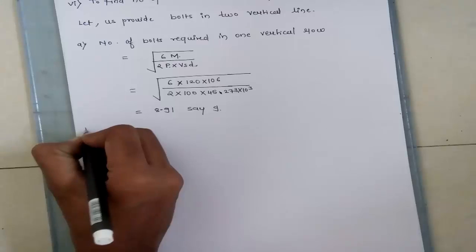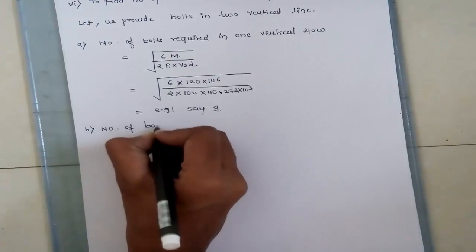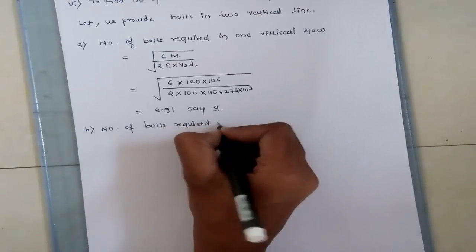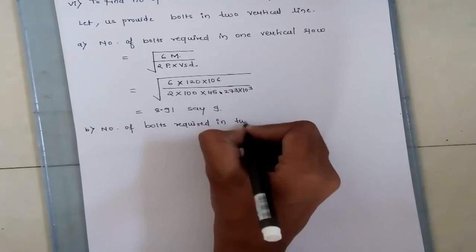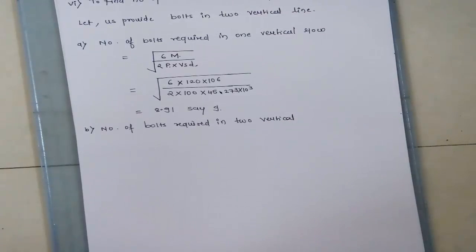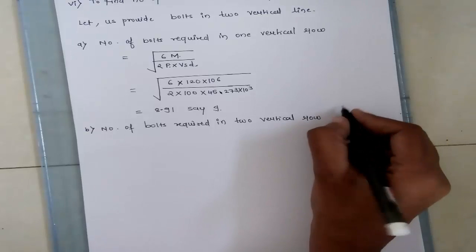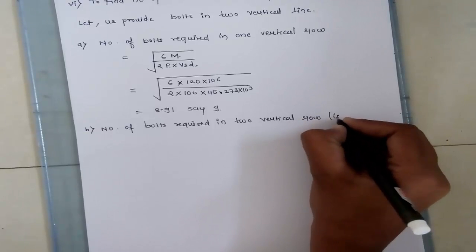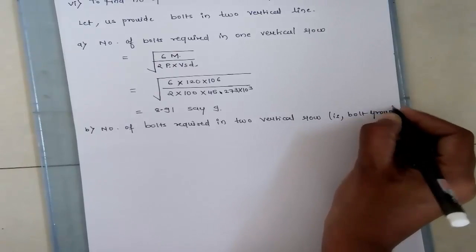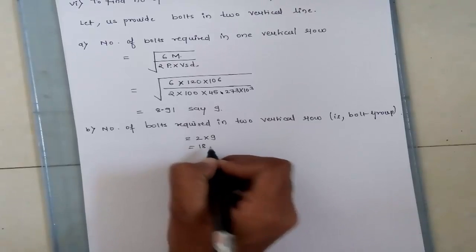So n equals the number of bolts required in two vertical rows, or you can say the bolt group. 2 into 9 gives 18.